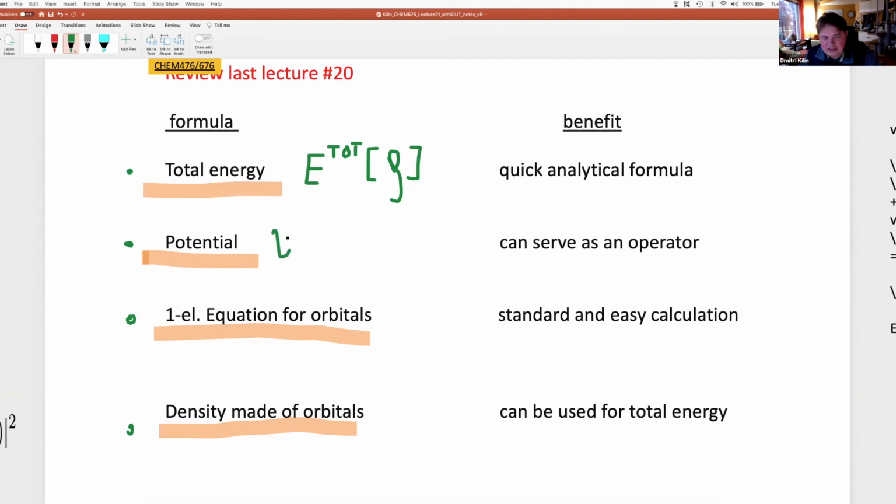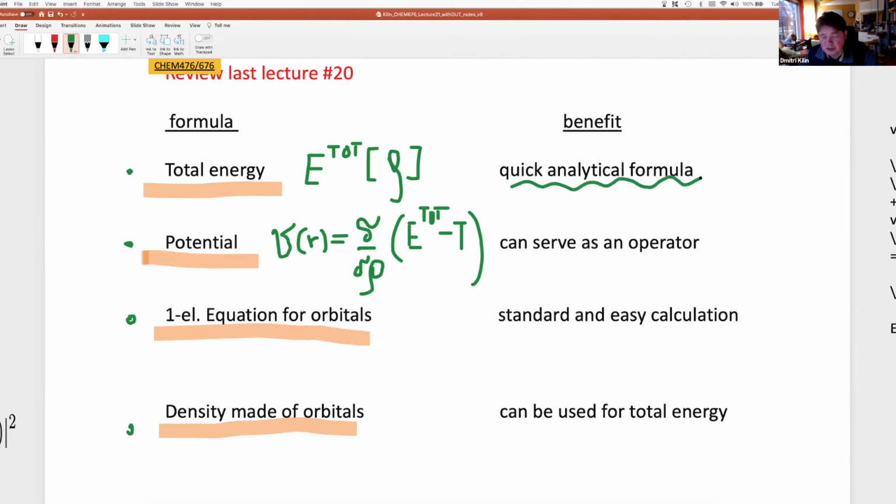Potential is the thing that we plug into the one electron orbital equation, and it is a functional derivative, delta over delta rho, of the total energy minus kinetic energy. So this is a quick analytical formula if we do it as in Thomas Fermi.